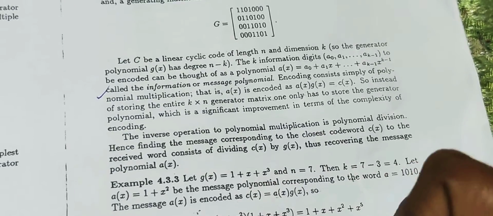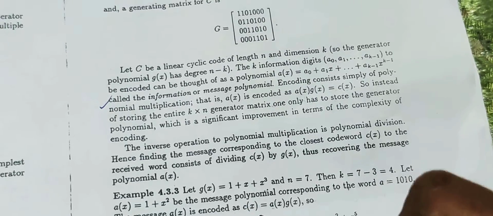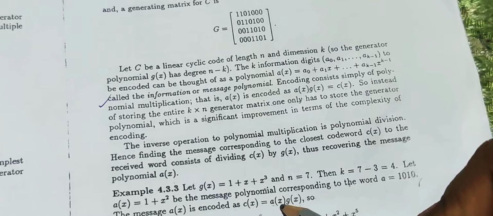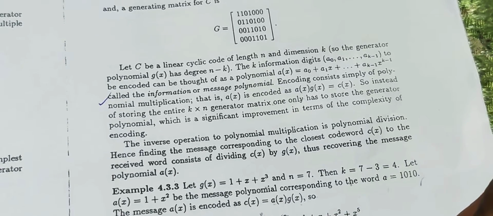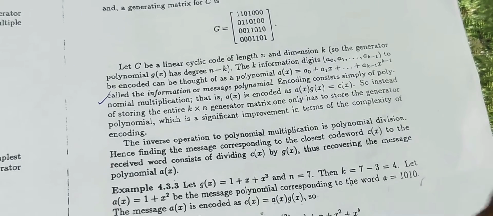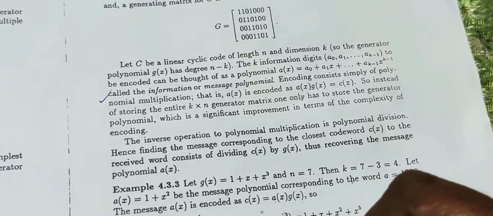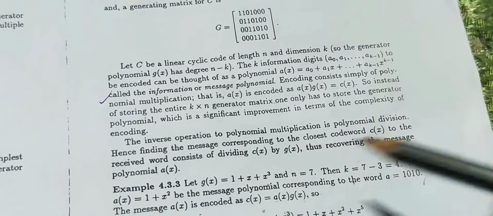So encode: a of x is encoded by c of x is equal to a of x into g of x. So c of x, what is a of x? 1 plus x square into 1 plus x cube. That is equal to 1 plus x square plus x cube plus x raised to 5. Converting this into a word is 1 1 1 0 1 0 1. So this is the encoded word.